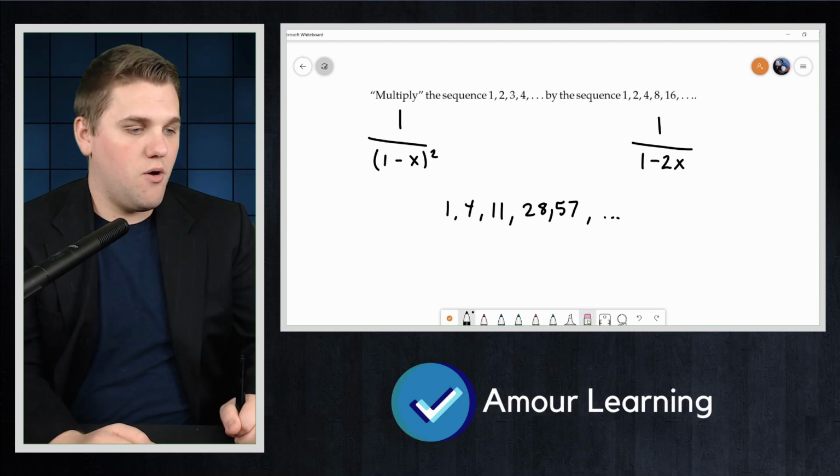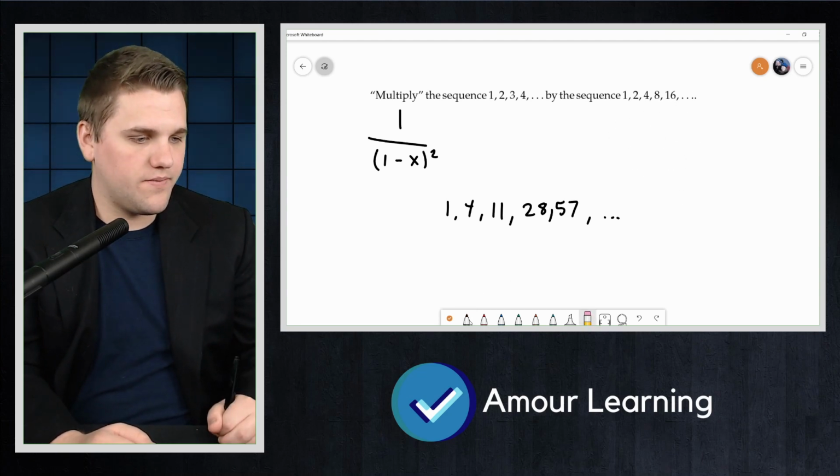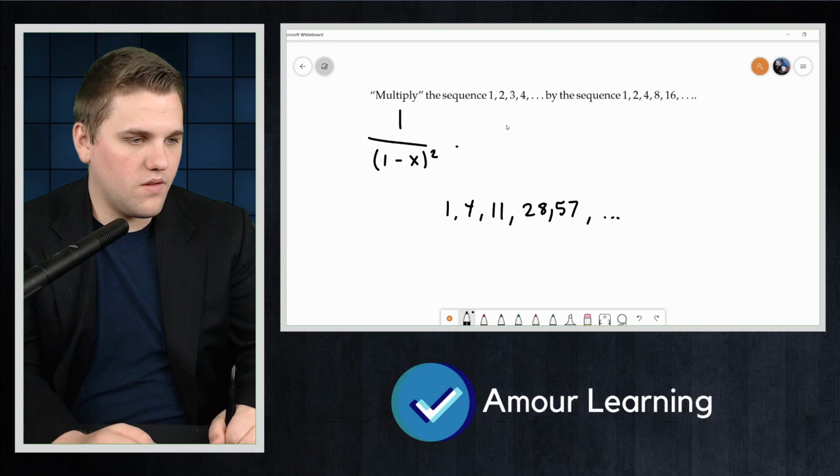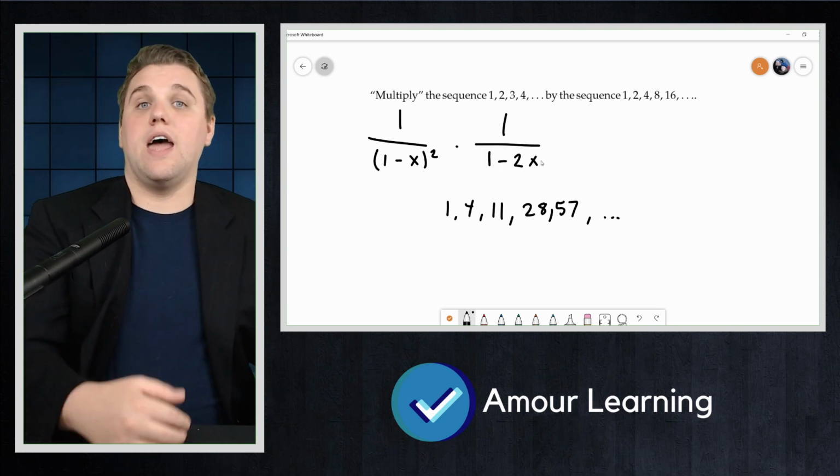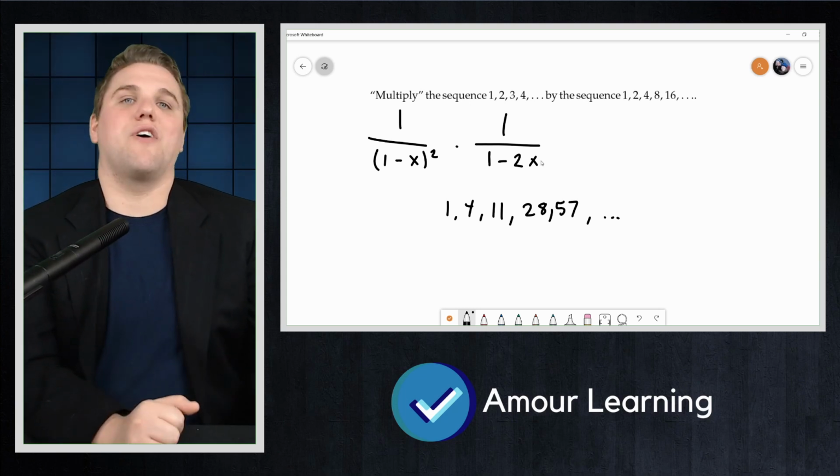So we can multiply these. And that's the resulting generating function.